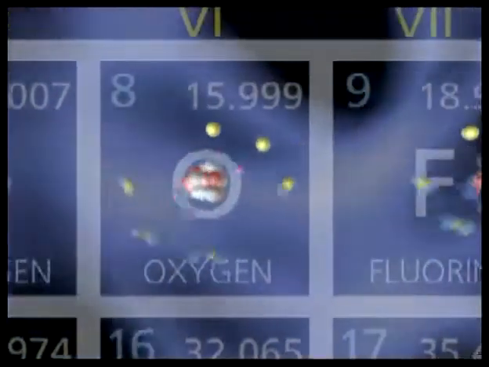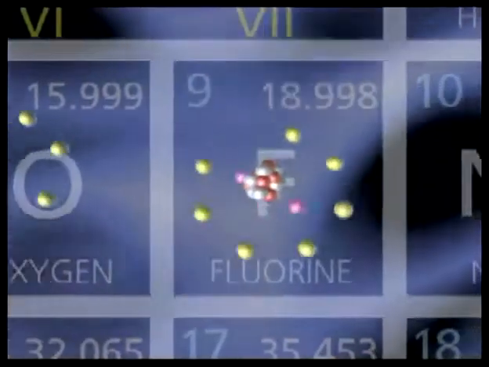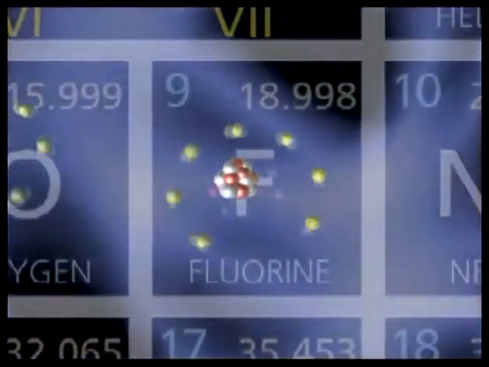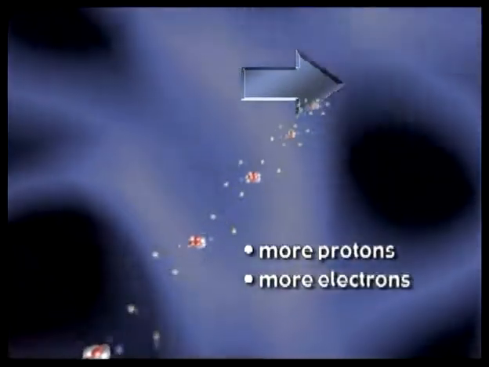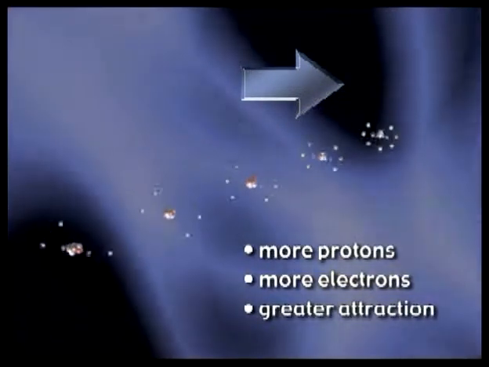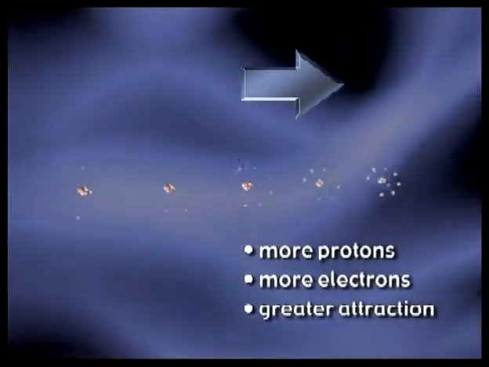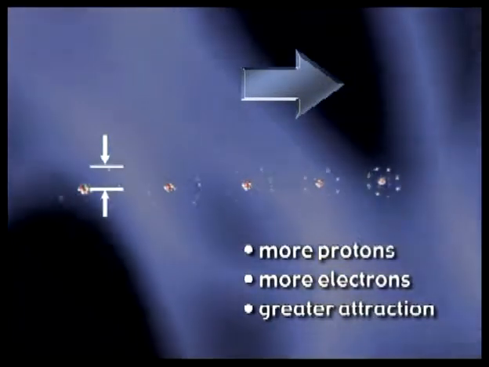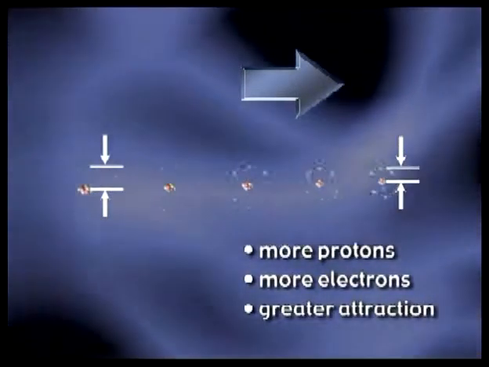That is, each element has 1 more proton and 1 more electron than the element on its left. The more protons in the nucleus and the more circling electrons there are, the greater the attraction between the oppositely charged particles. This pulls the electron shells closer to the nucleus, and this makes the radius of the atom smaller.